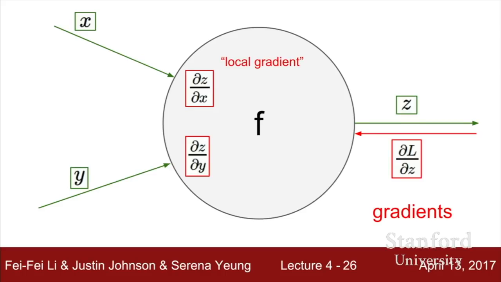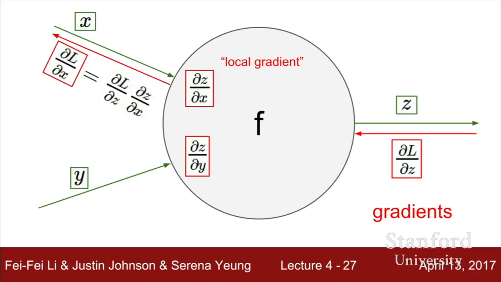When we reach each node, we have the upstream gradients coming back with respect to the immediate output of the node. So by the time we reach this node in backprop, we've already computed the gradient of our final loss L with respect to Z. And now what we want to find next is the gradients with respect to the values just before the node, X and Y.